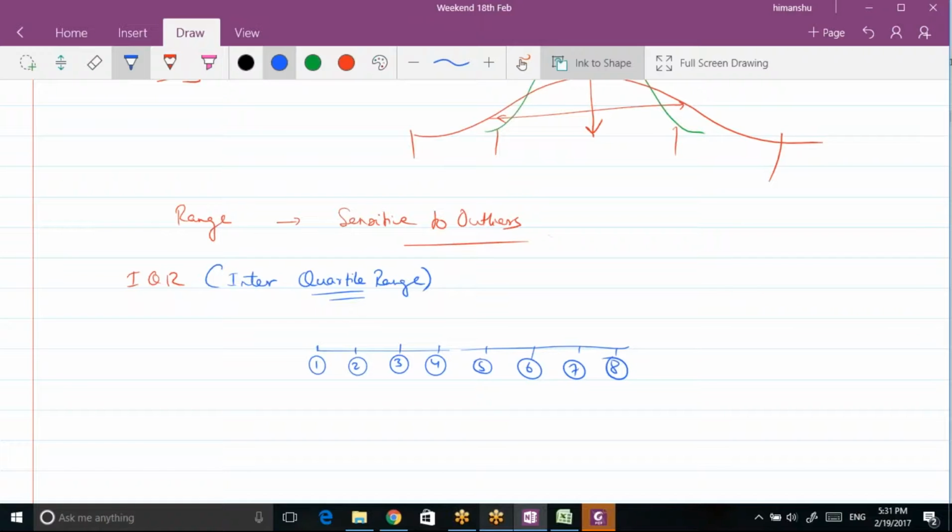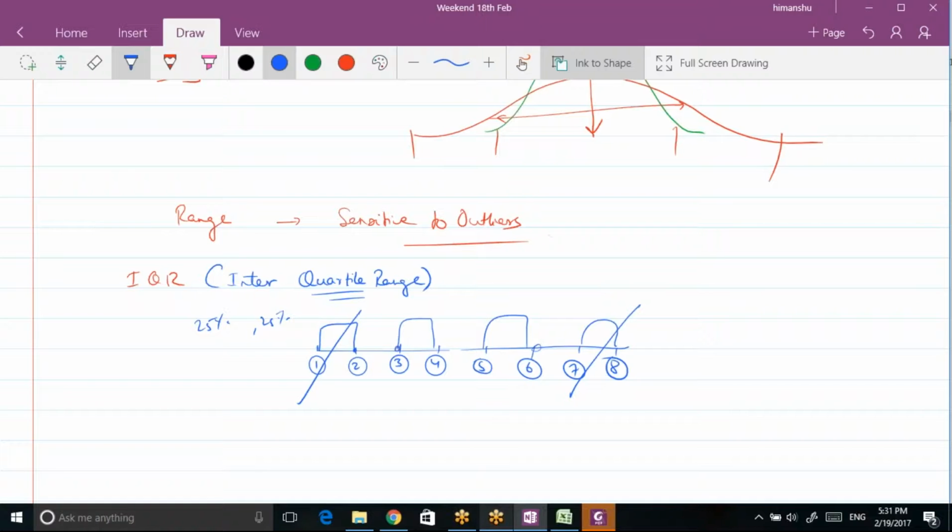So what will I do? I will divide it into 4 quarters, that is 25% each. So this is the first quarter, this is second, this is third, and this is fourth. Now what we do is, we remove the first quarter completely, and we remove the last quarter also, so that my outliers are removed.